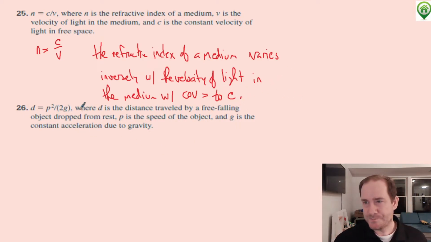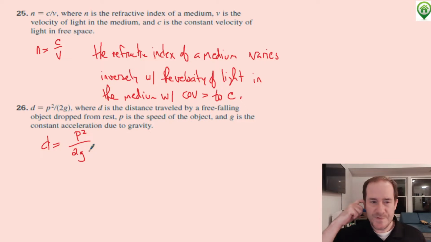All right, next, it says d is distance traveled, p is the speed of the object, and g is the constant acceleration due to gravity. So for this one, even though it looks like a fraction, the denominator is actually our constant of variation.